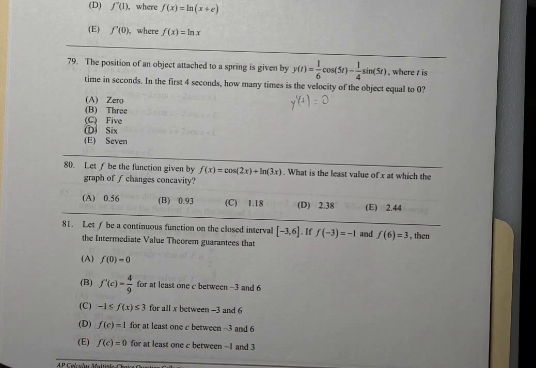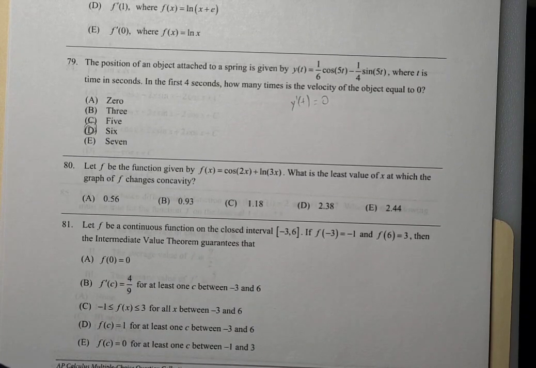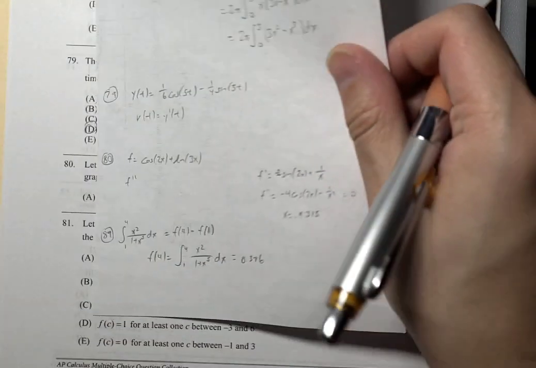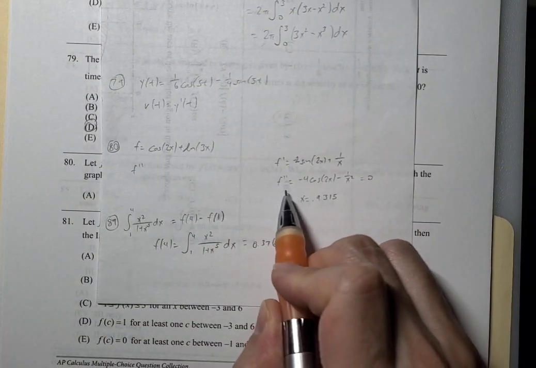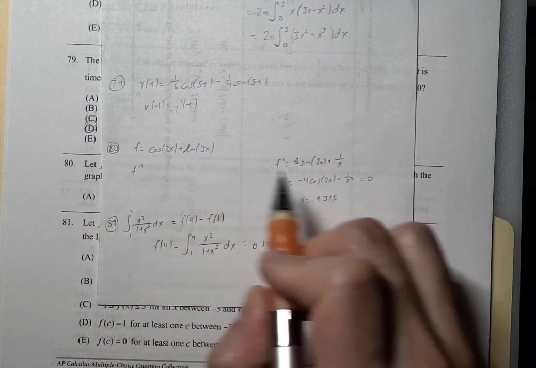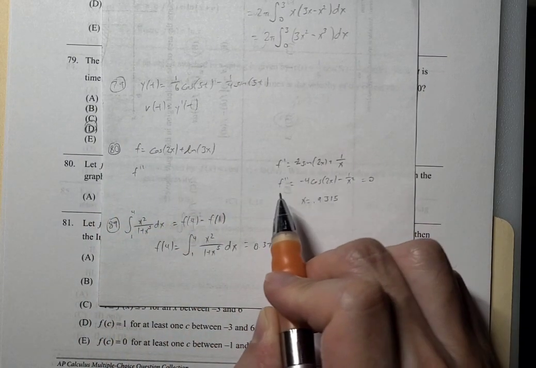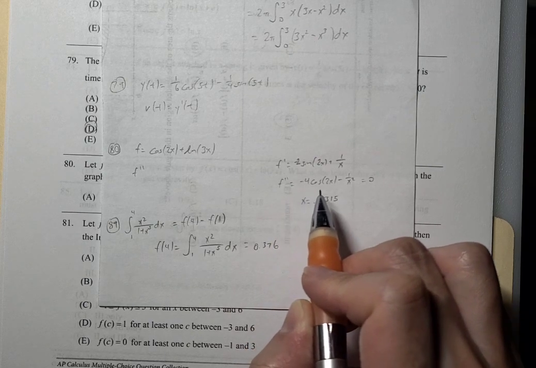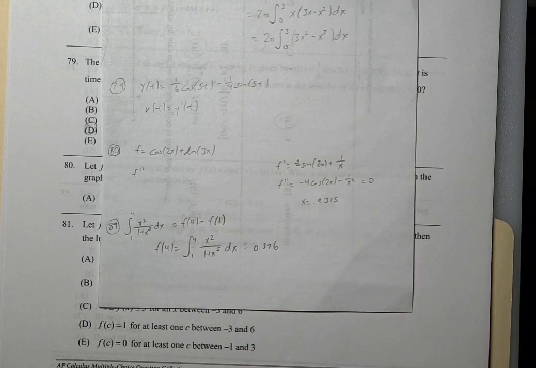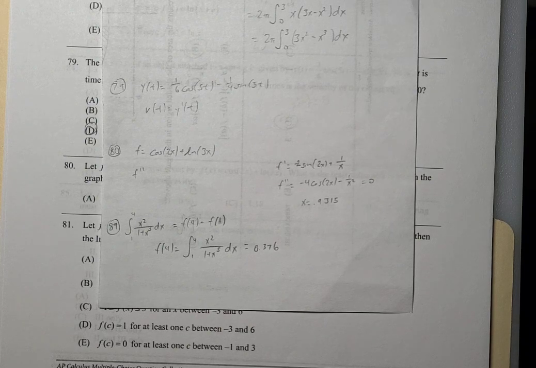Or, because my calculator on my phone doesn't have that capability, I quickly found what f double prime is. I have to find what f prime is first. That's negative 2 cosine 2x plus 1 over x. F double prime would be minus 4 cosine 2x minus 1 over x squared. Let me graph it in my calculator and show you.